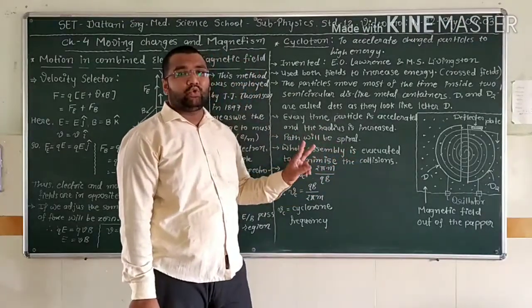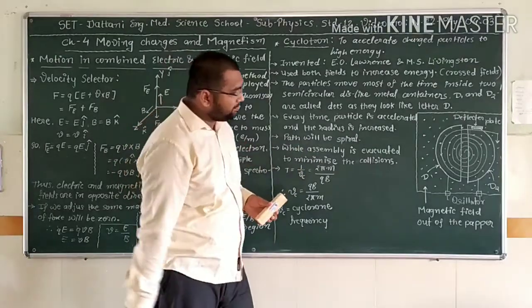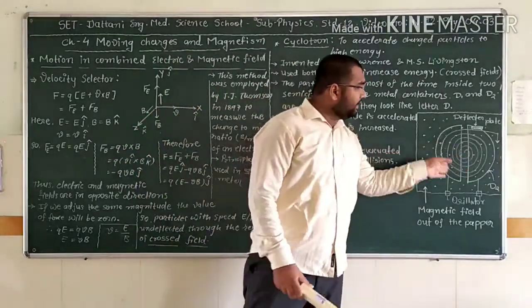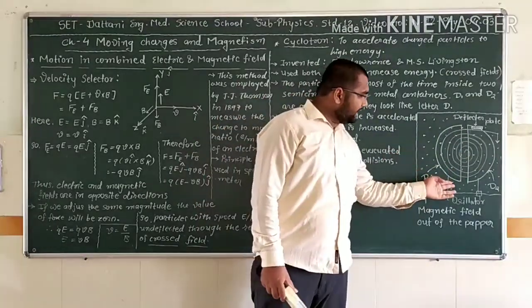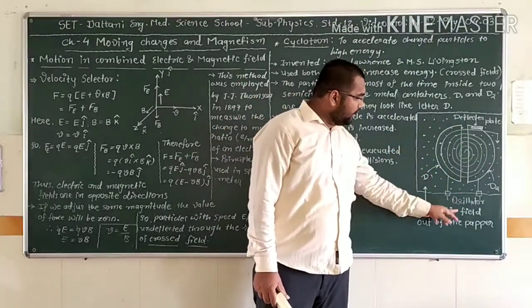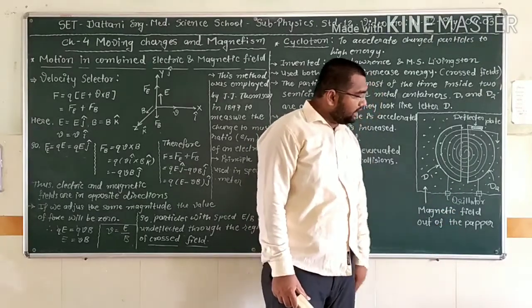Here we are using two dees. They are used to make the particle travel in a circular path. Here these dots suggest that the magnetic field is coming out of the paper.